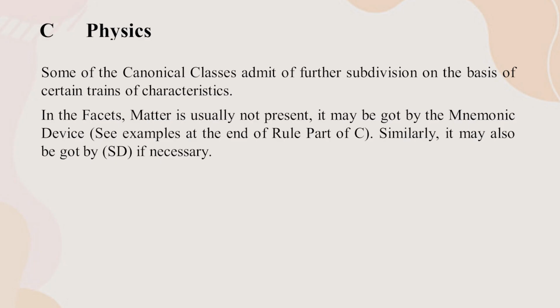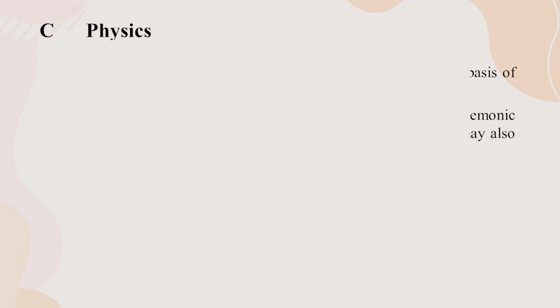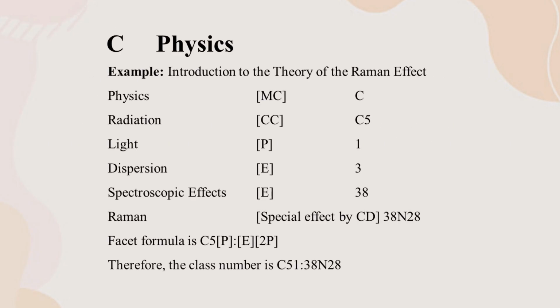For this, I refer to the examples at the end of the rules part of Chapter C, Physics, in Part 1 of Colon Classification, 6th edition. Here, an example from the canonical class radiation is presented, that is, the title is taken as Introduction to the Theory of the Raman Effect.